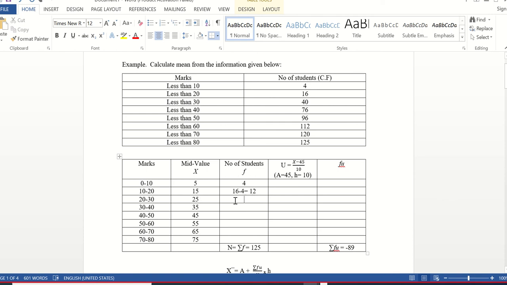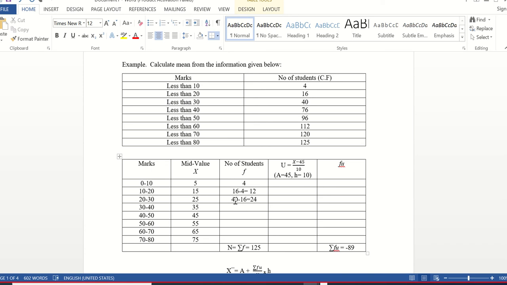So what will I do? I will minus 40 minus 16, right? So here I will get 24. Then again 30 to 40, similar thing we will do.